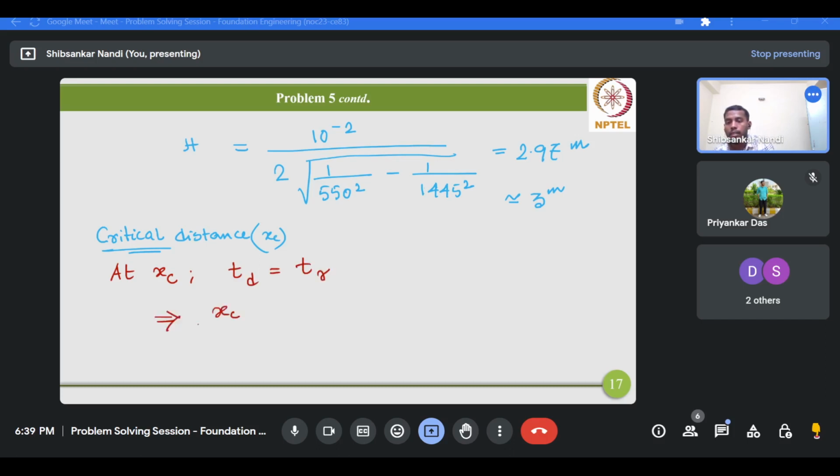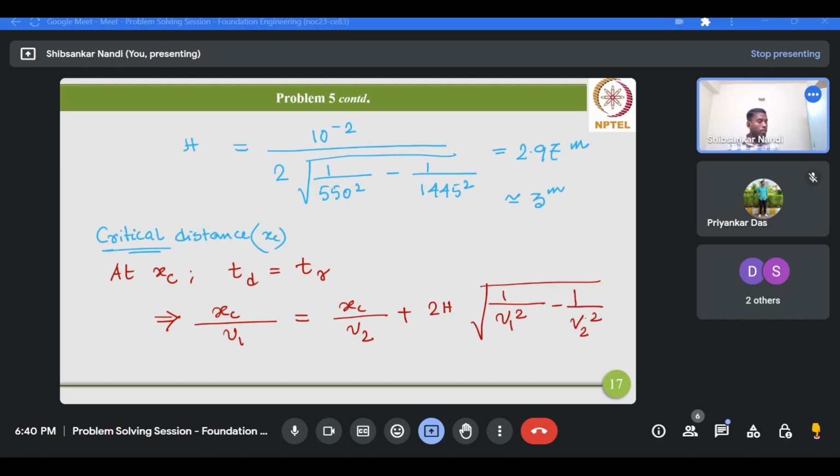Therefore xc divided by v1 equals xc divided by v2 plus 2h times the square root of 1 divided by v1 square minus 1 divided by v2 square. This is the final expression after equating the time of travel for the direct wave and the refracted wave at the critical distance. Now you know v1, v2, and the thickness of the upper layer as well, so it becomes very easy to calculate xc from this expression.